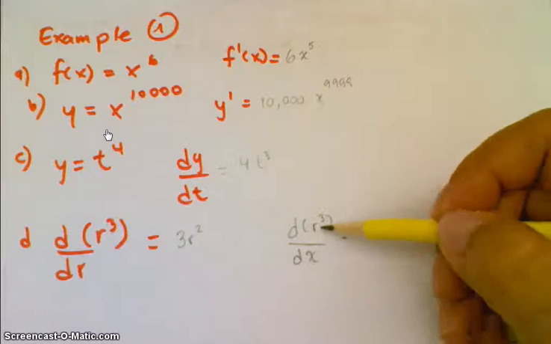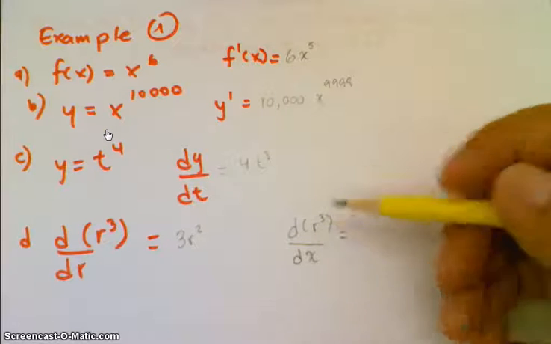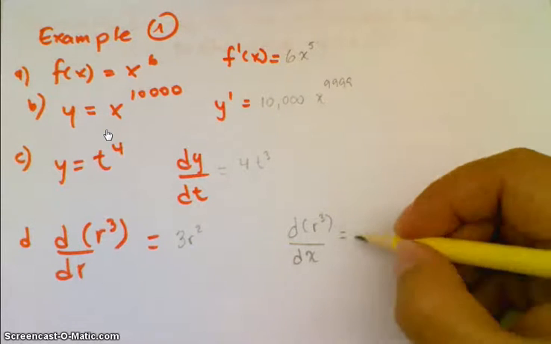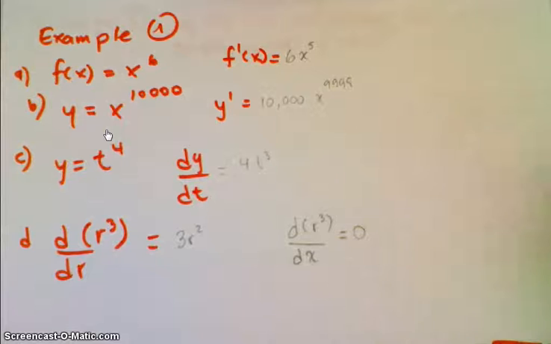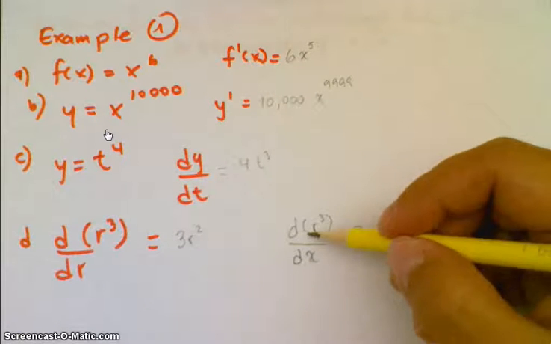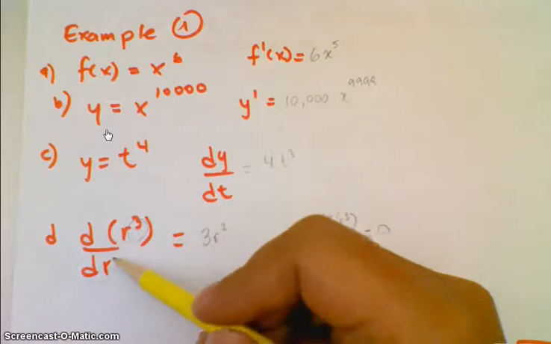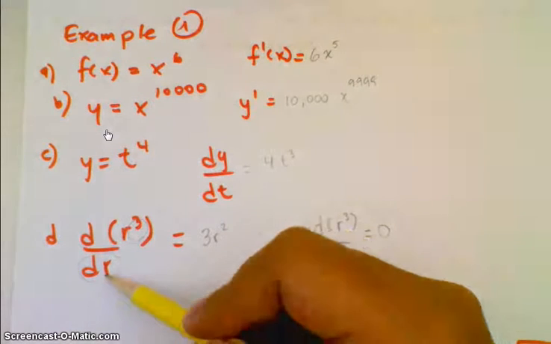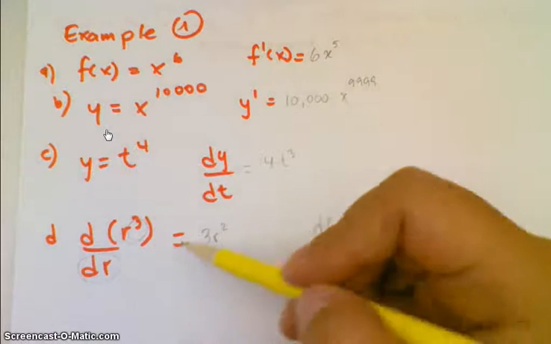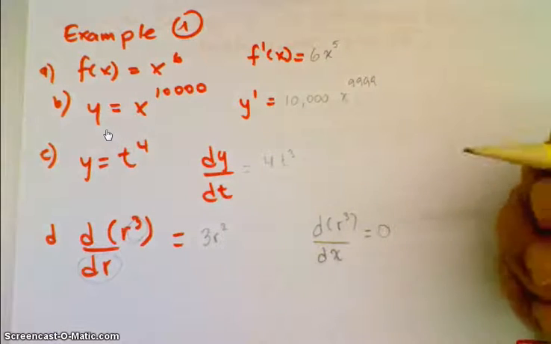So this is just the same as taking the derivative of a number like 6 or pi. So this will be 0 just because it does not depend on x and I want to take the derivative of x. But look at this expression, it depends on r, and I'm taking the derivative with respect to r, so logically I'm applying the power rule. In here, the rule that will apply will be the constant rule.